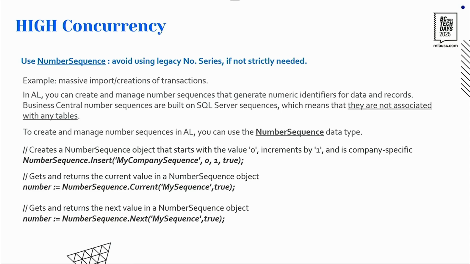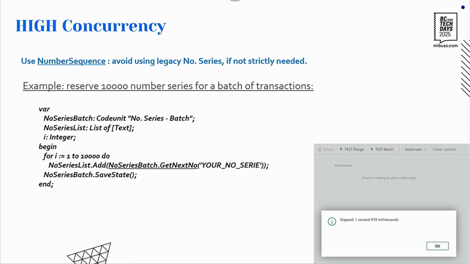This is absolutely better than going to a number series, obviously, but also better than using auto-increment or the on-insert trigger to handle the increment by 1. Because there is no table access, you can also use the next operator to obtain the next number, but you can also reserve a range.